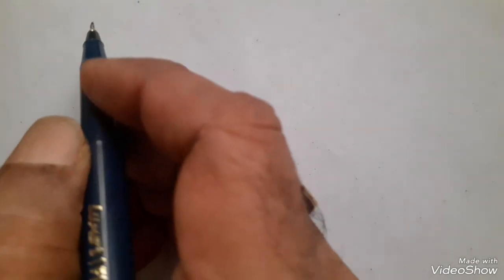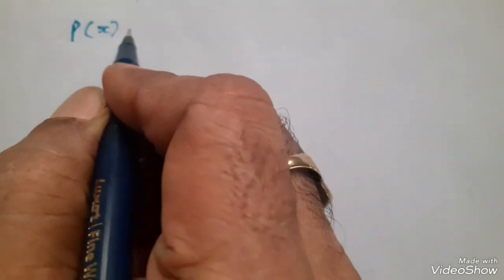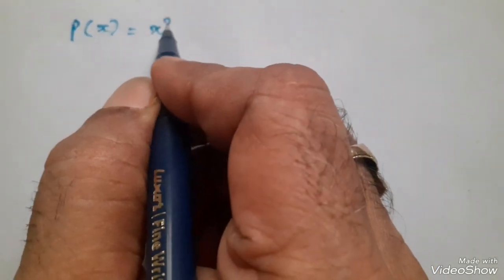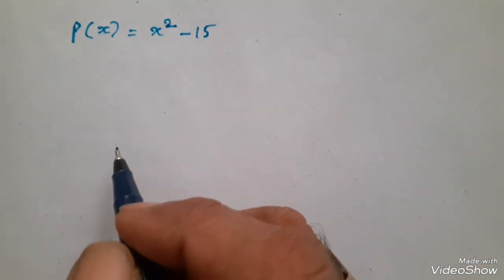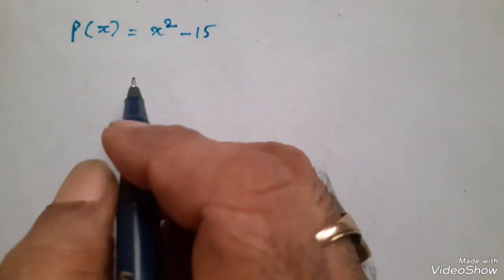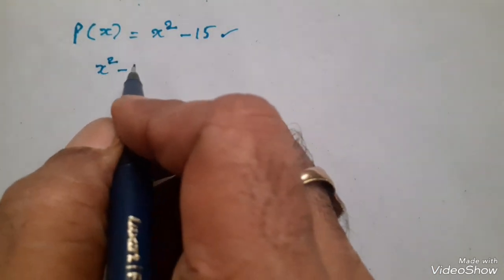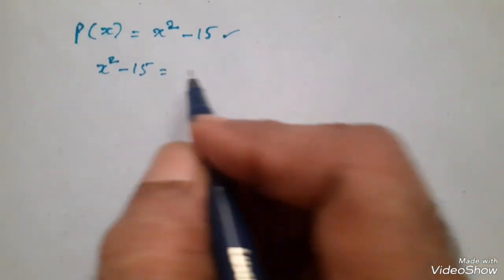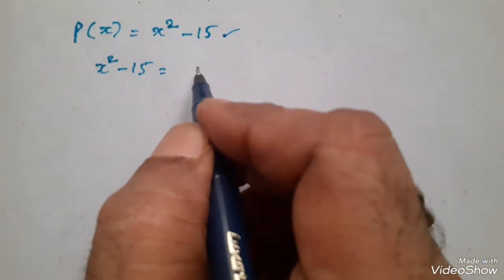Now let us take one more polynomial. p of x equals x square minus 15. First for this you find the zeros. So it means you factorize it. So the factors of x square minus 15. This you can write in a square minus b square form to get the factors.